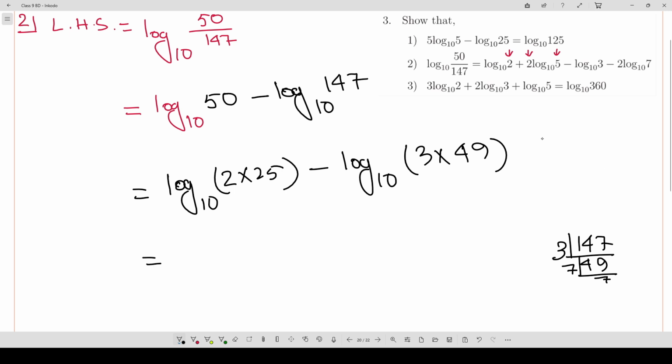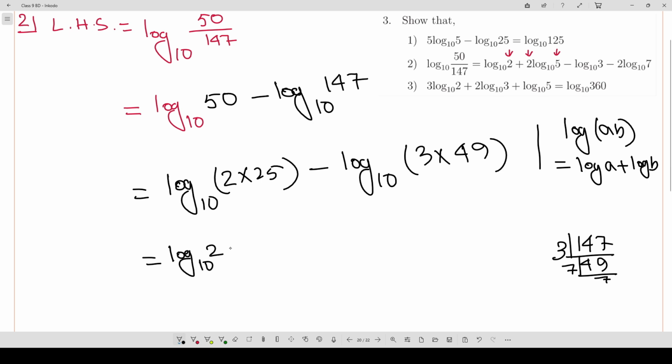Next, we also know we can write log AB, it means log A plus log B. So here is also log base 10 2 plus log base 10 25, right?